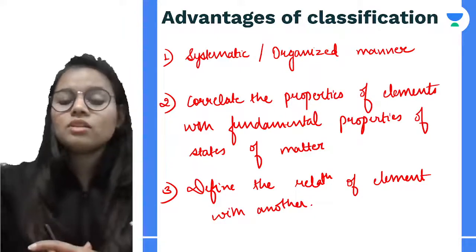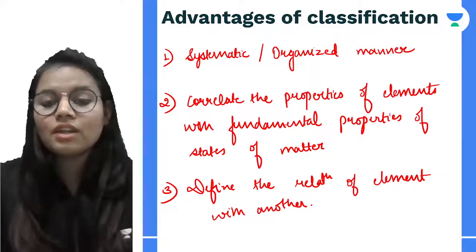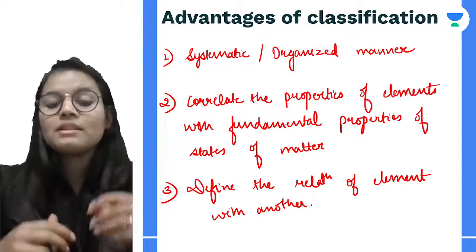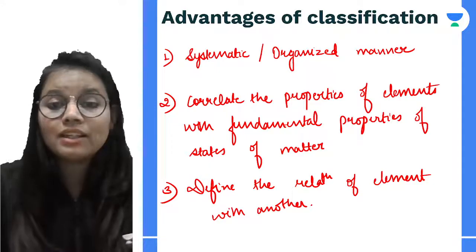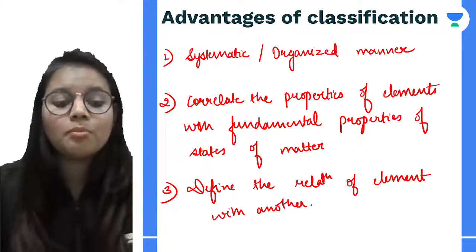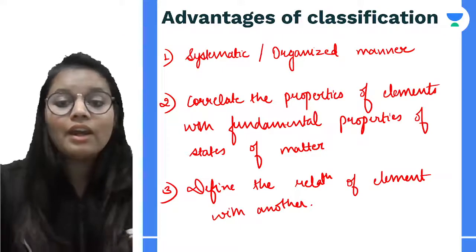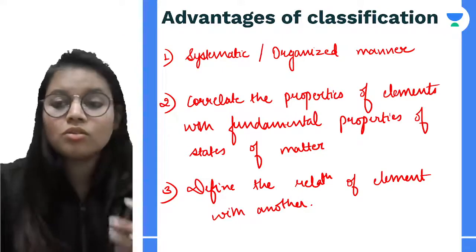Now students, if I talk about this classification, it didn't come easy. What do we mean by this? This classification didn't happen in one go. There were many scientists who came up and gave their trials, and there were some good things about those methods.